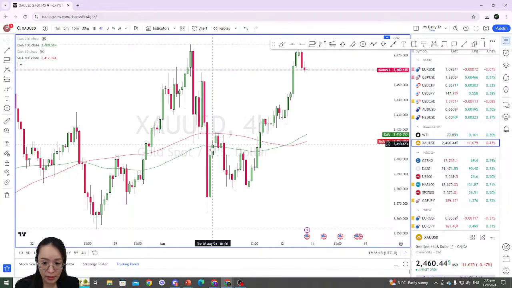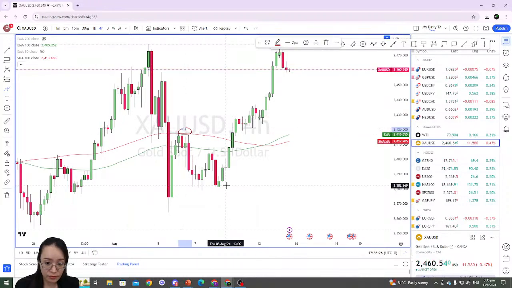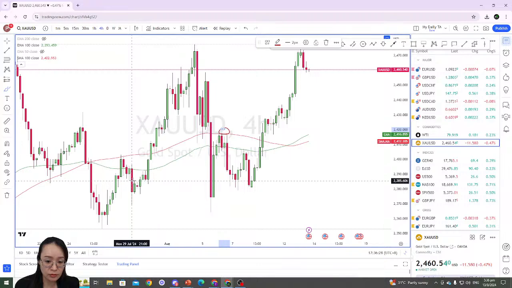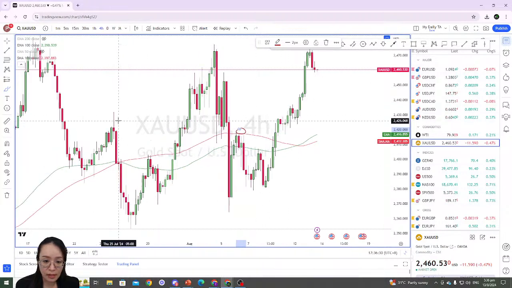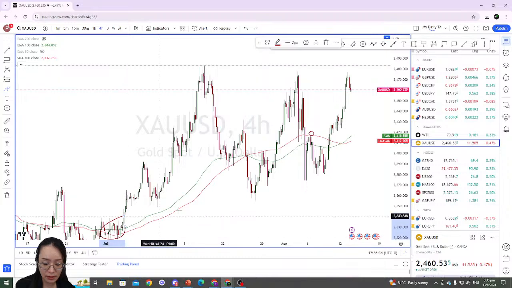This is SMA and this is EMA. Another thing is that moving averages can act at the resistance level, and they can also act as a support level, which is somehow here.